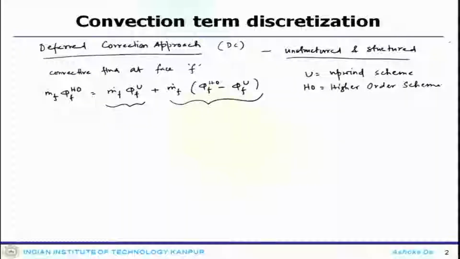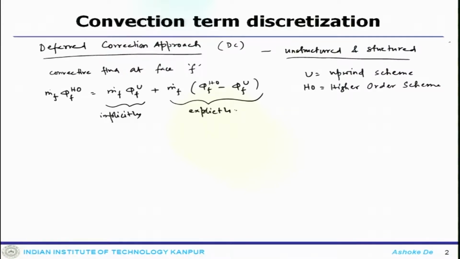So, the first term of this equation can be calculated implicitly and the second term can be calculated explicitly.